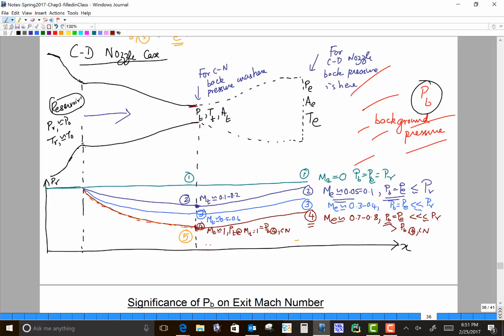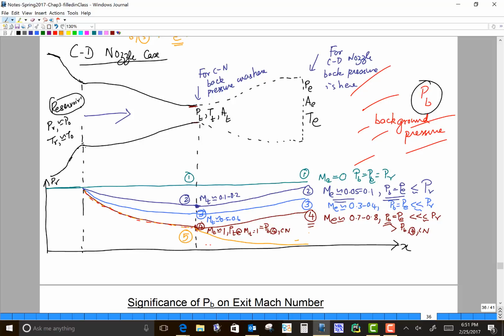The nozzle cannot support any more flow, so the Mach number at the throat cannot increase any further. It is going to be 1. And if the Mach number at the throat is 1, then the physics is going to respond by opting for the supersonic flow solution.